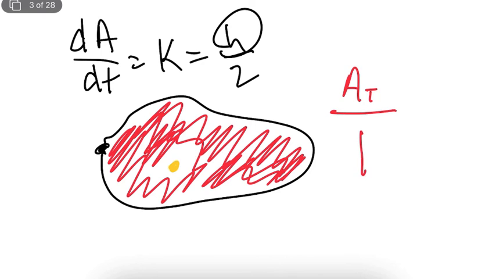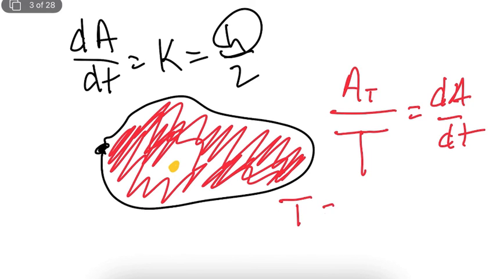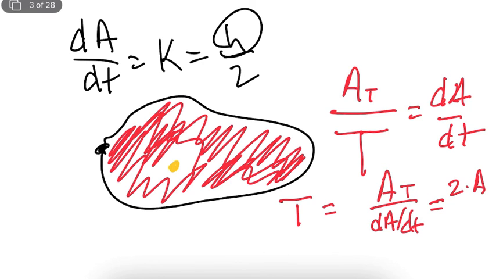And we could divide that by the period, theoretically, and that would also equal dA over dt. Or in other words, this might be a way of finding the period of the orbit, because T equals A sub t over dA over dt, which equals 2 times A sub t over h.